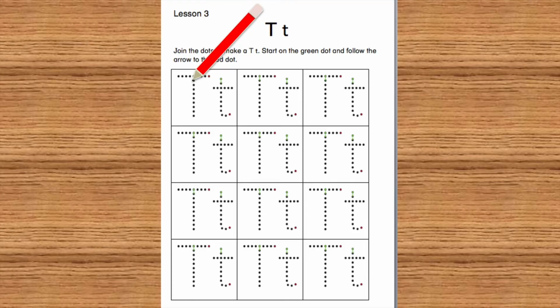The t sound. In your workbook, you have a page where you can practice writing capital T and small t. Say t as you write the sound. Pause the video and have a go.